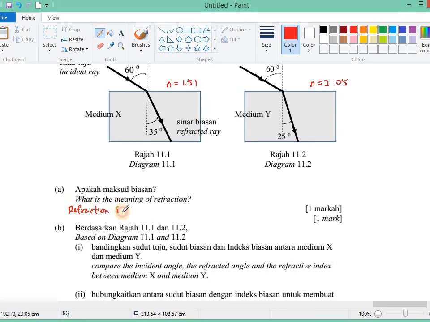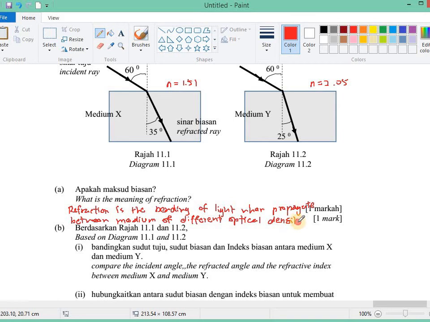Refraction is the bending of light when it propagates between media of different optical density.